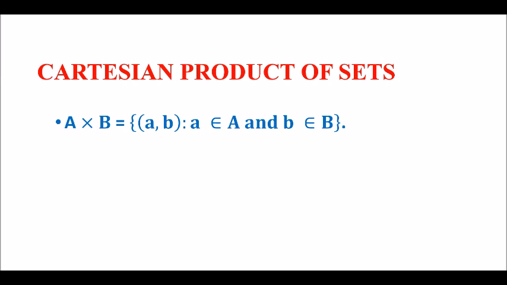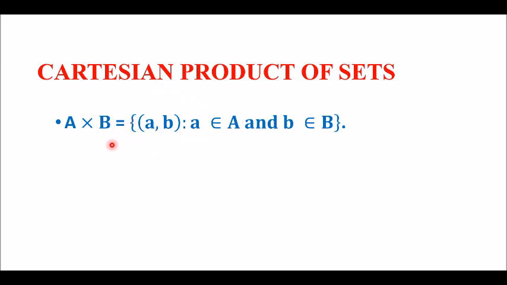Cartesian products of sets. What is this actually? Suppose A and B are two sets, then the Cartesian product is denoted by A cross B, and it is a set of ordered pairs (a, b). Ordered pairs we have learnt in our junior classes, class 9th and 10th, in coordinate geometry.